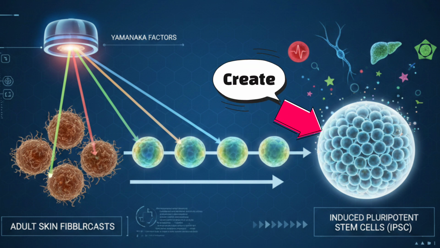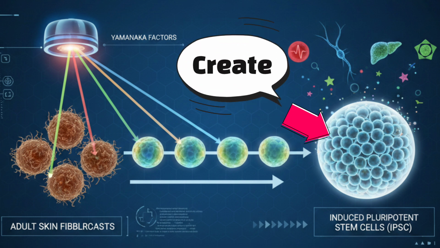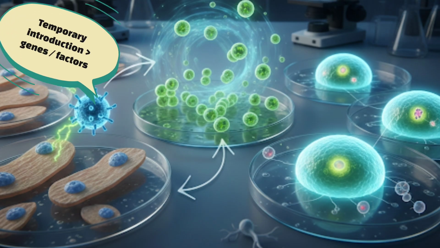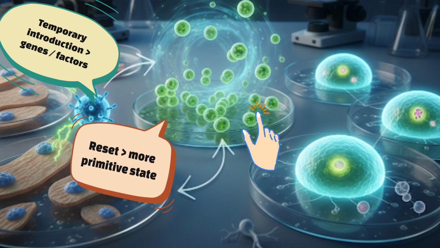Now this process, which is called creating induced pluripotent stem cells or simply iPSCs, involves temporarily introducing genes or other factors to reset the cells to a more primitive state from which they can then be directed to become many different cell types.